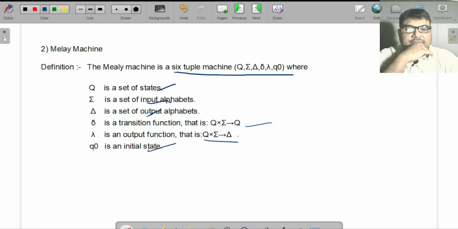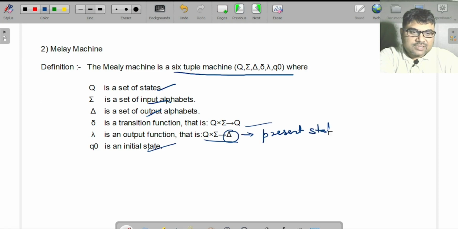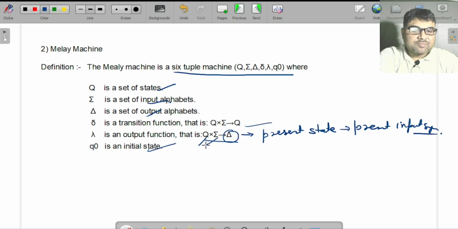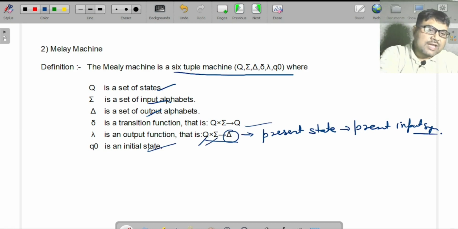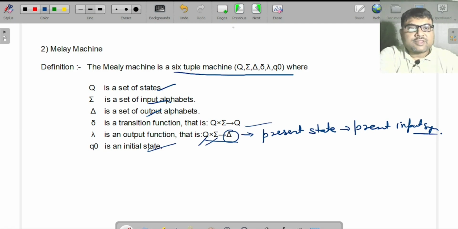So what change do you find here? The output is dependent on the present state together with the present input symbol. So the output is dependent on both the present state and the present input symbol. At the time of transition, it gives the output. Let's learn with the help of some examples.